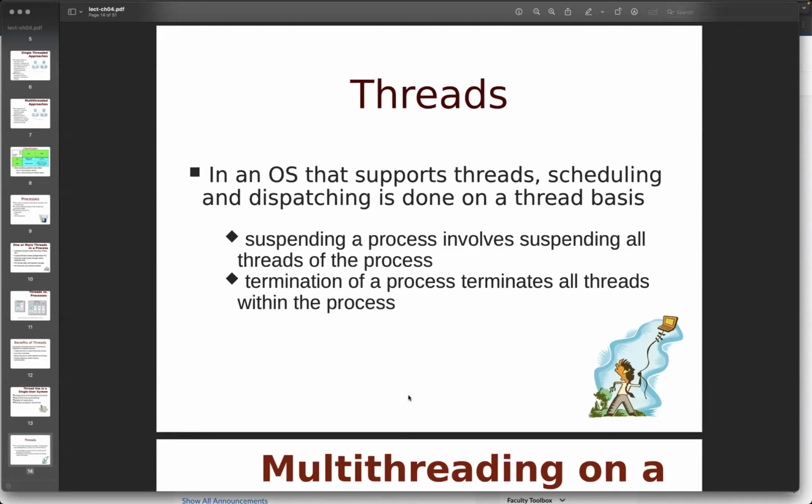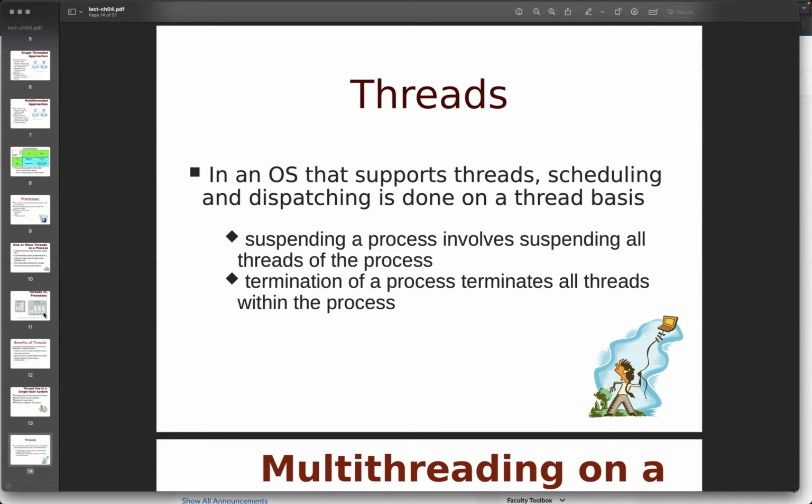In an OS that supports threads, scheduling and dispatching are done on a thread basis. Suspending a process involves suspending all the threads of the process. Termination of a process means that we terminate all the threads within the process. Remember these two points: when we suspend or terminate a process, it affects the other threads belonging to it.